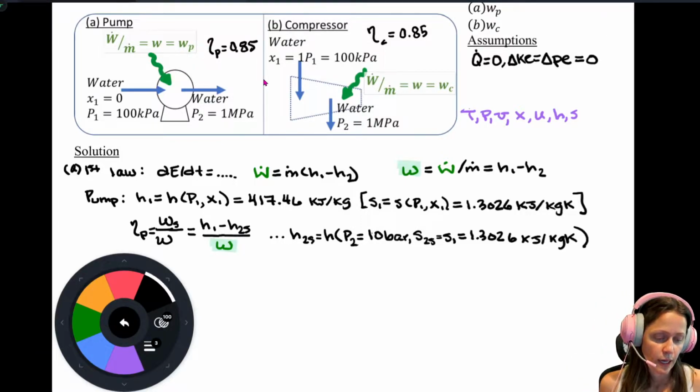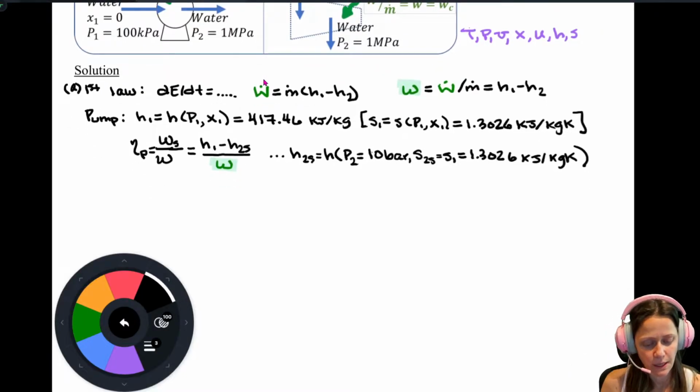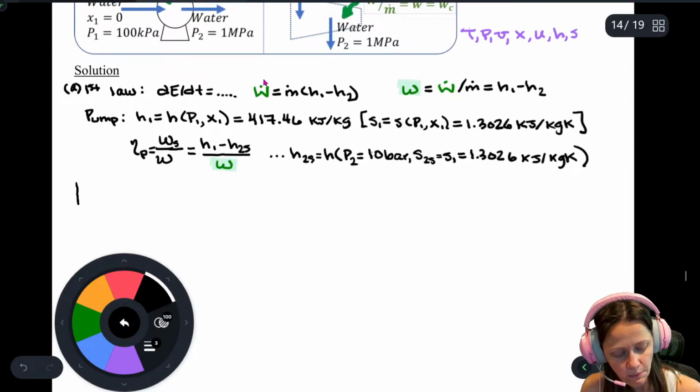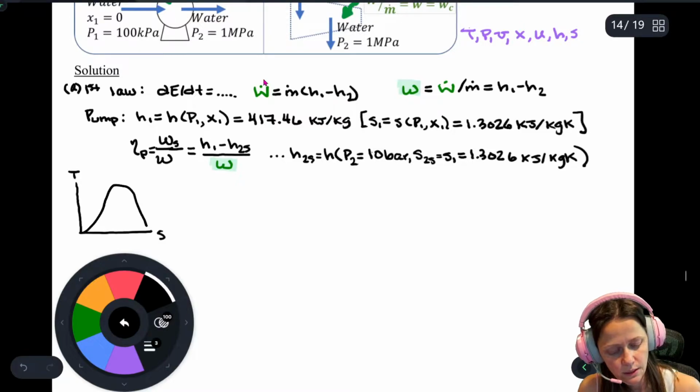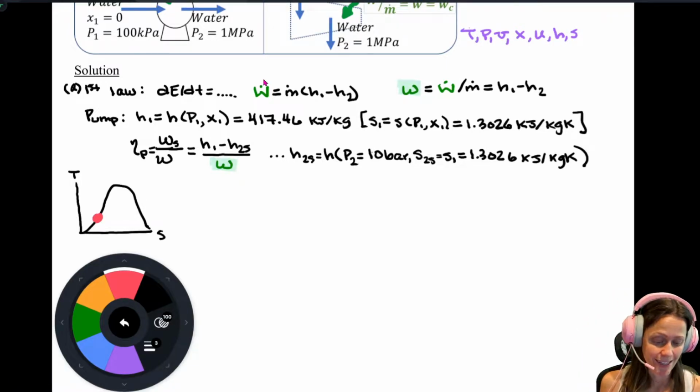Now, I can actually tell you exactly what state it's going to be in before I look in those tables, and that is because if I think about it on a TS diagram, going into that pump, the water is going in as a saturated liquid, so it's going to be right on that saturated liquid line.